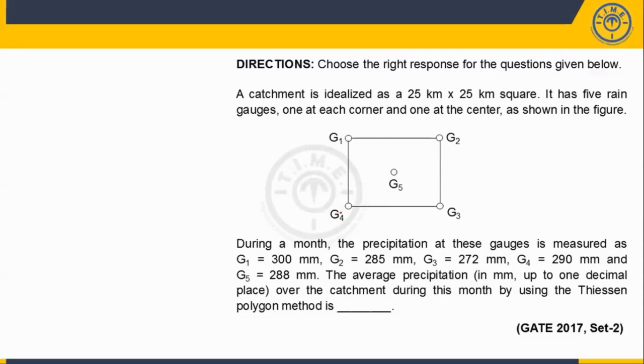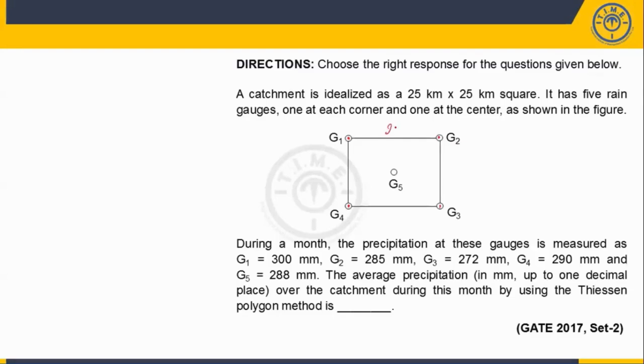It has 5 rain gauges, one at each corner. So here you have a rain gauge, here you have another rain gauge, Z2, Z3, Z4 and Z5. You have 5 rain gauges. And the total catchment area is how much? 25 kilometer on one side and 25 kilometer on the other side. That means it's a square. The total area is 25 into 25, 625 kilometer square.